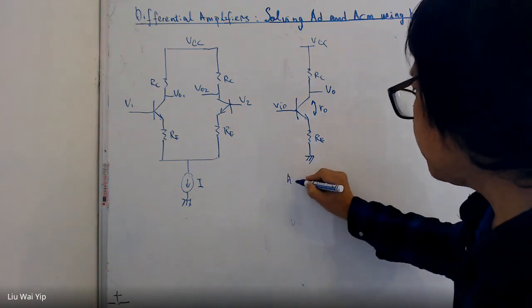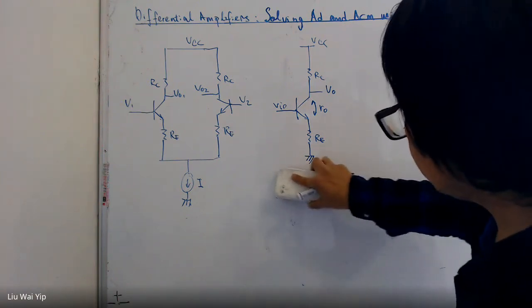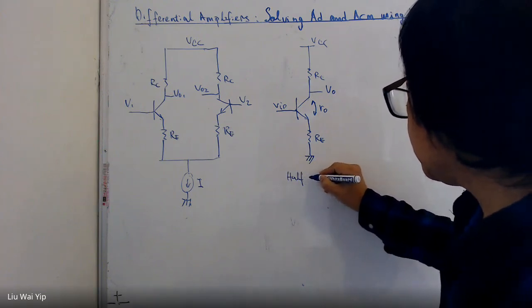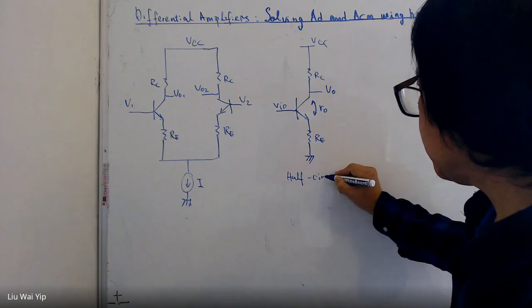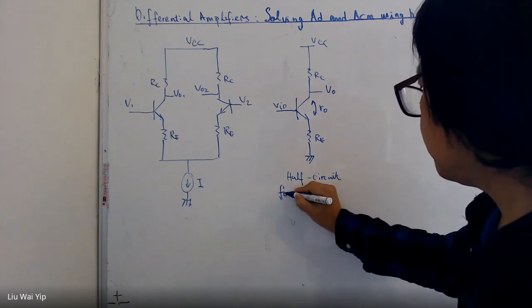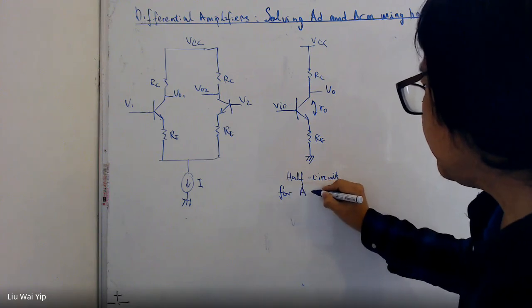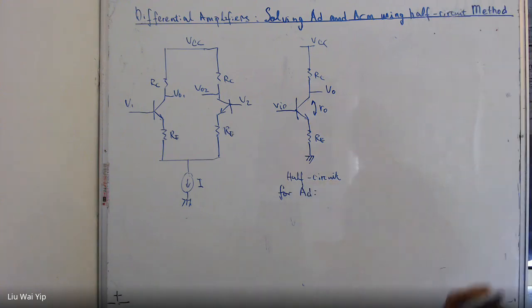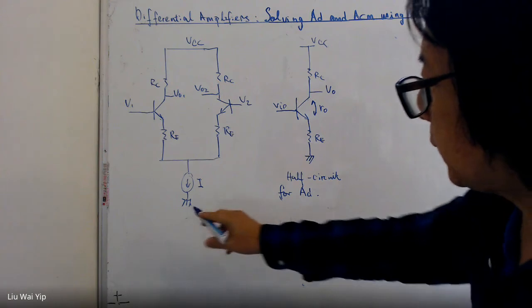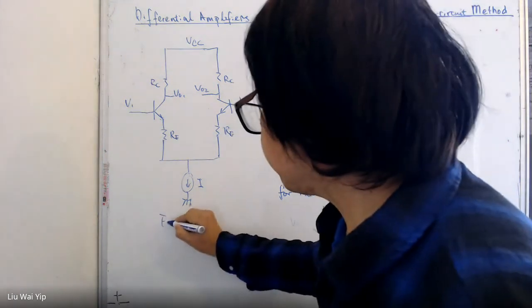The half circuit for differential voltage gain, for AD. And this one is the full circuit.